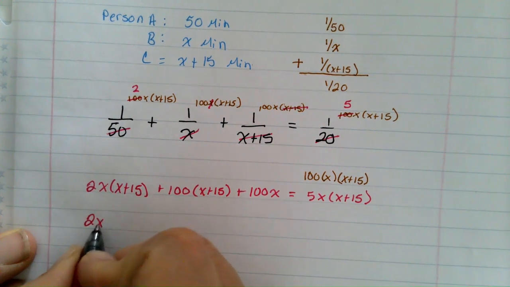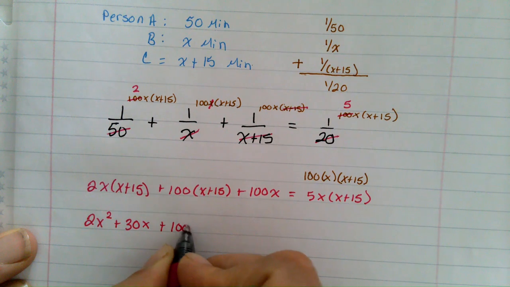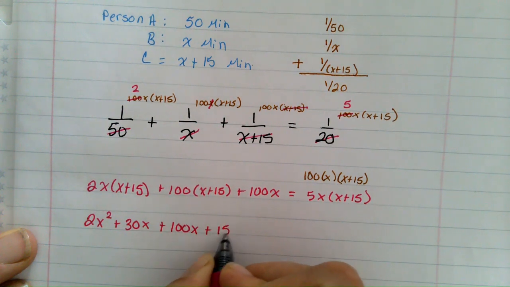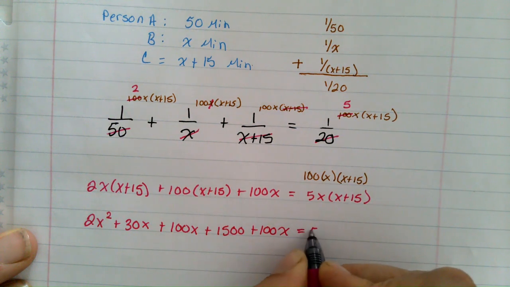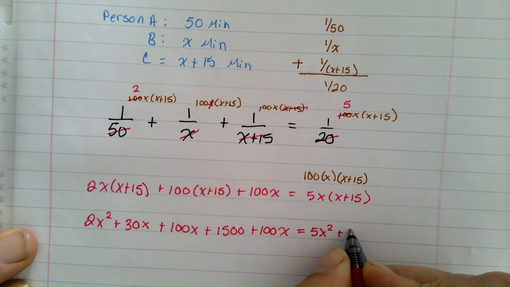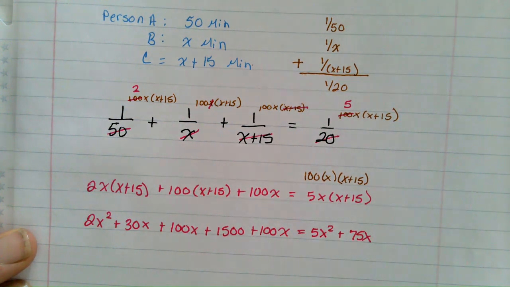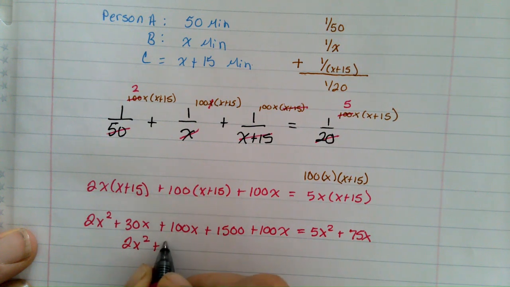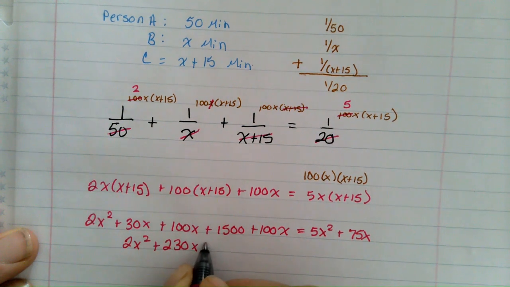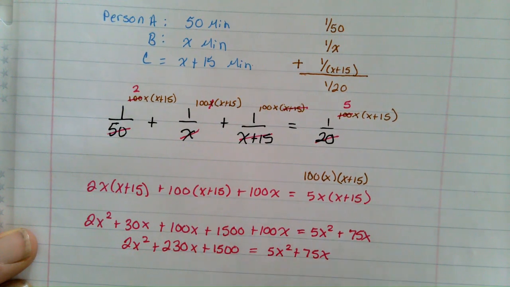Distribute: 2x squared plus 30x plus 100x plus 1500 plus 100x equals 5x squared plus 75x. Combine like terms: 2x squared plus 230x plus 1500 equals 5x squared plus 75x.